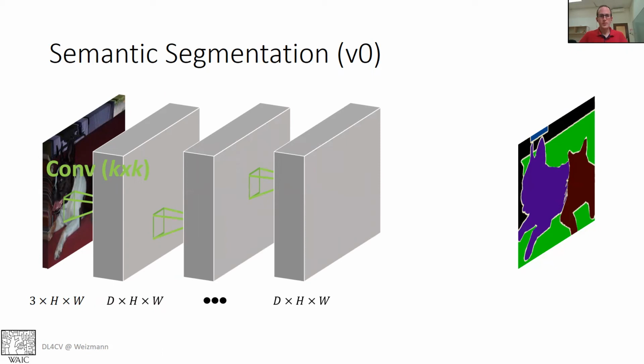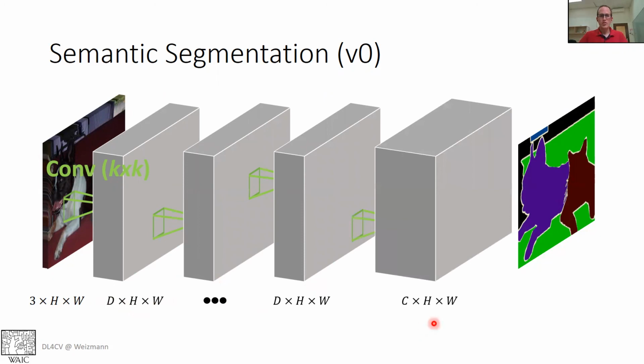We only apply convolutions one on top of the other. So we have simple features and more complex features until eventually we're going to have a per pixel classification by a fully convolutional network. So we have C, the number of classes for each and every one of the pixels. So we have a class probability for each and every one of the pixels.